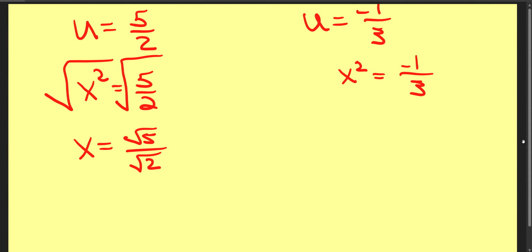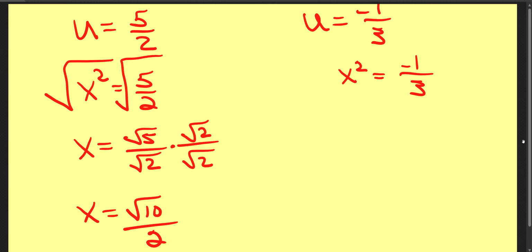I can't have a radical in the denominator, so I'm going to multiply by the square root of 2 over the square root of 2. That gives me x equals plus or minus the square root of 10 over 2. Two answers. Okay, that's for this side here.